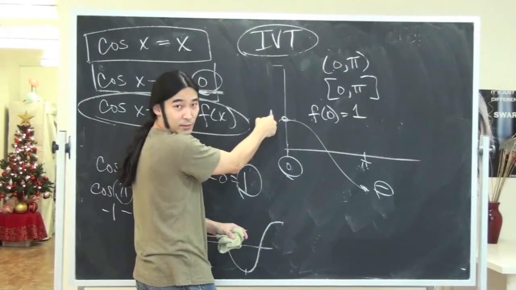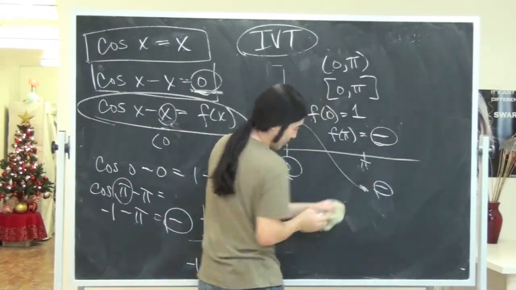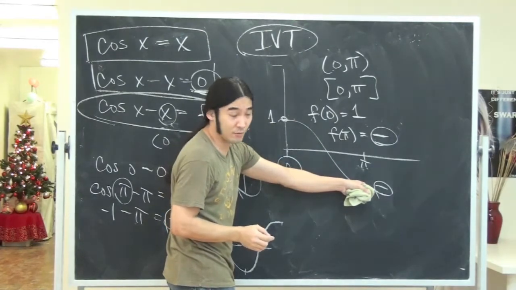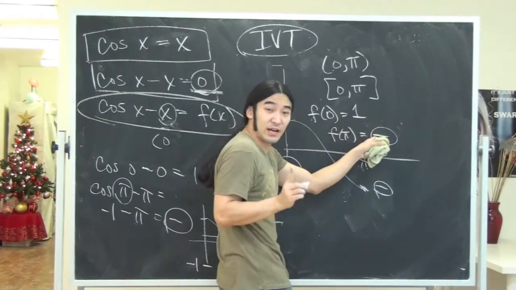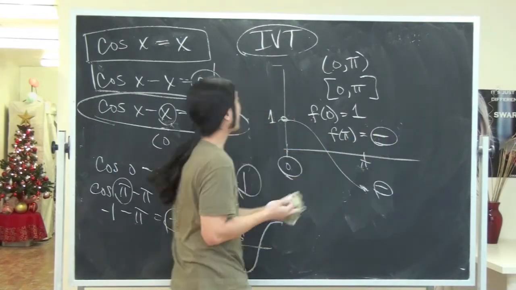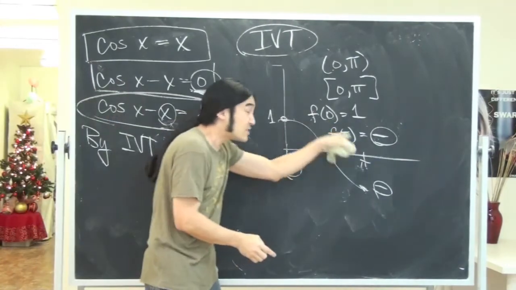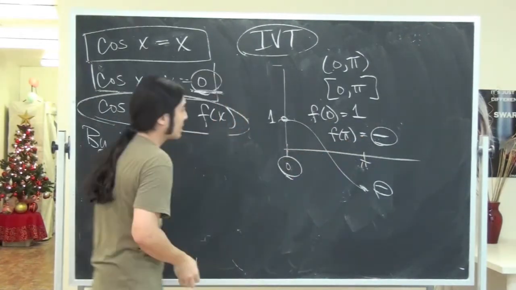So 0 gives me 1. F of pi gives me a negative number, right? So the intermediate value theorem says, if you want any height in between, you can get that. Okay? So by the intermediate value theorem, since these facts are true, so I'll point that out, right?